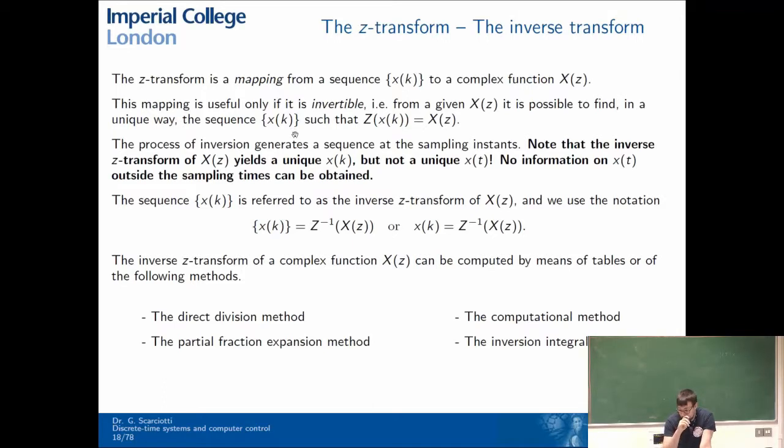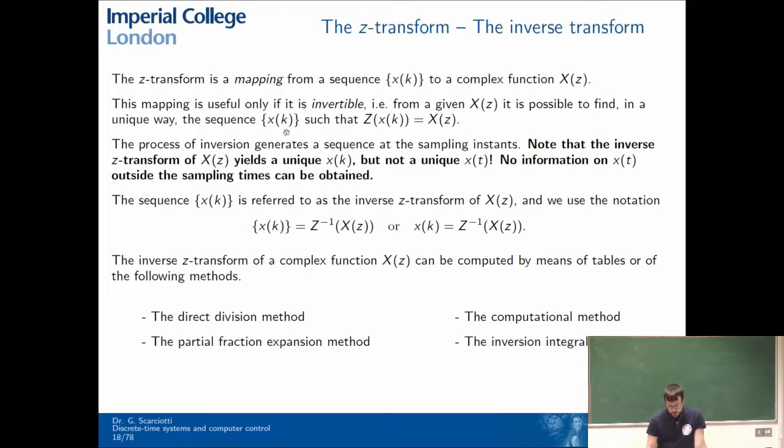Invertible means that to a Z-transform there is associated a unique sequence x of k. Otherwise, the tool is pretty useless, because if given a Z-transform you can recover multiple different sequences, then you don't know actually what the real result is.